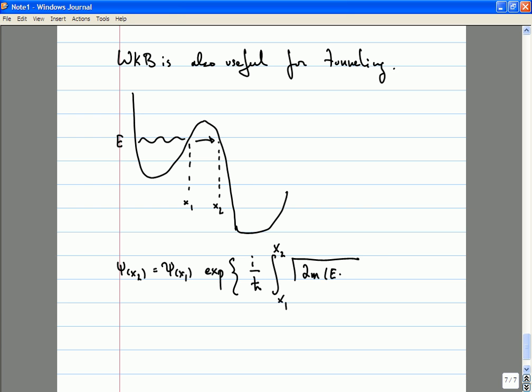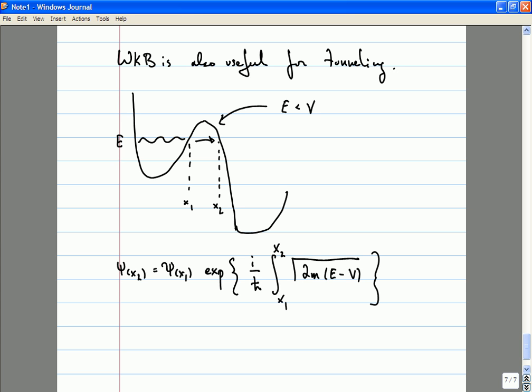the WKB approximation then allows me to estimate the tunneling probability just by using the fact that when E is less than V, E minus V is negative, so the quantity in the square root is purely imaginary.